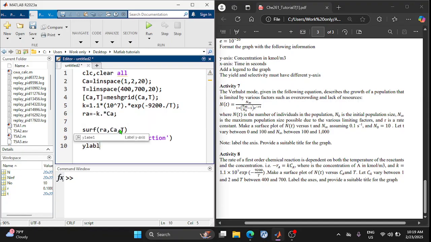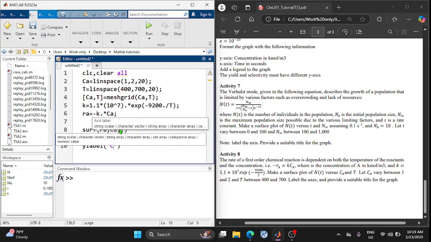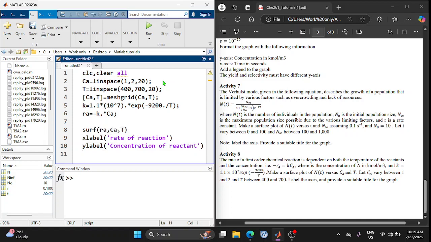My Y label will be the second term, which is Ca, so that's going to be the concentration of reactant. Then my Z label will be the last term, which is going to be my temperature. Okay, so now let me run this and let's see what we get.